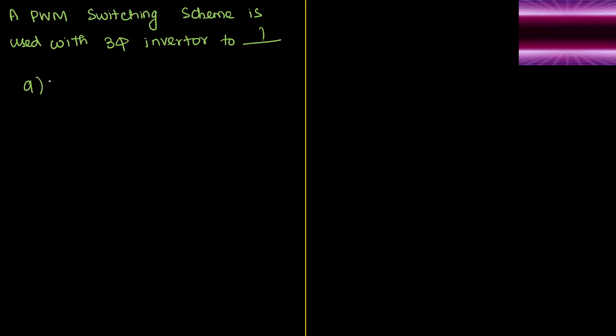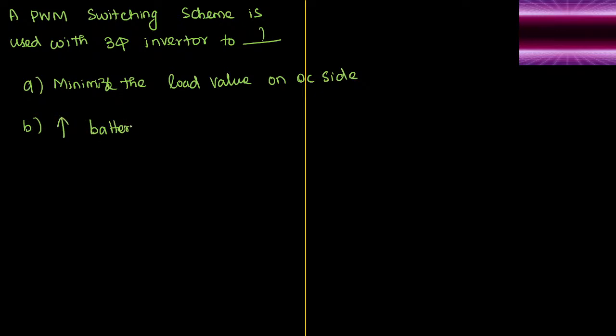Option A, it will minimize the load on the DC side. Minimize the load value, meaning the power consumed by the load. DC side means where? Supply side. Second option, it is increasing the battery lifetime.